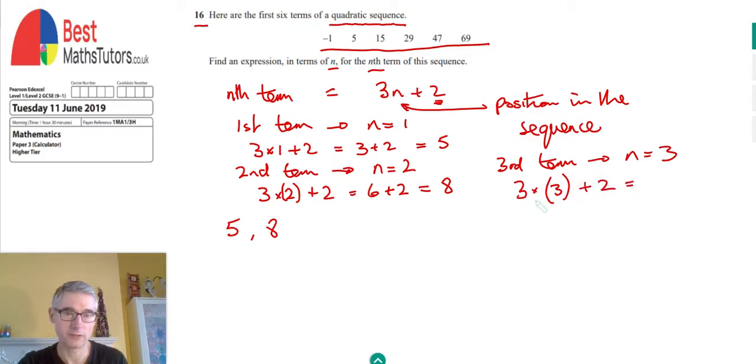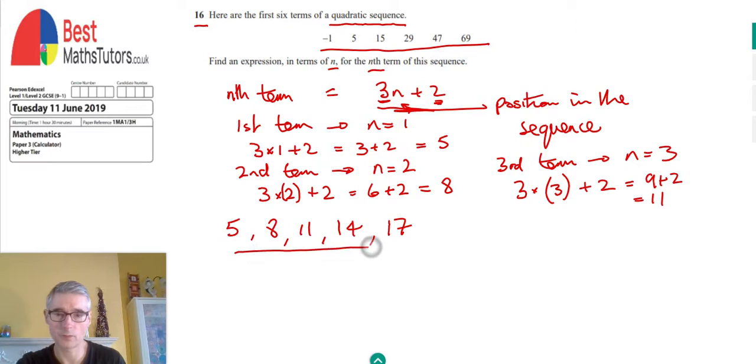So we'd get 3 times 3 is 9, plus 2, which is equal to 11. So that gives us the next term in the sequence. And we could keep going. And for this one that I've made up, we would actually be going up in 3s. And so that's actually the number multiplying the n here, tells us we'll be going up in 3s. So the next one would be 14, and then 17, etc.